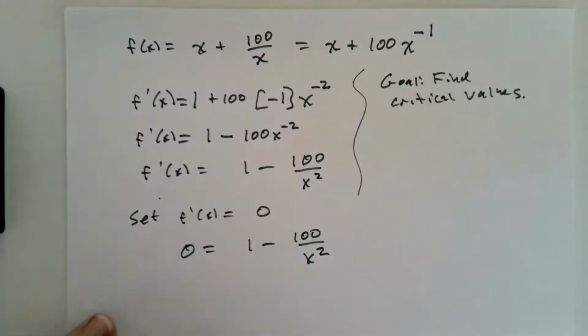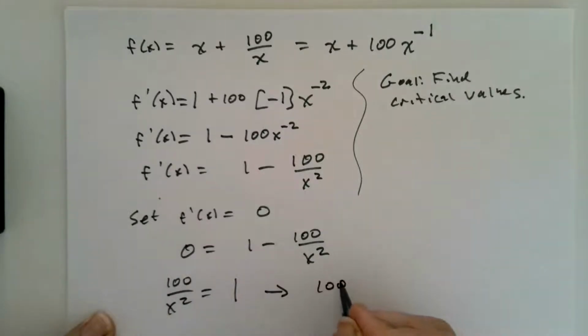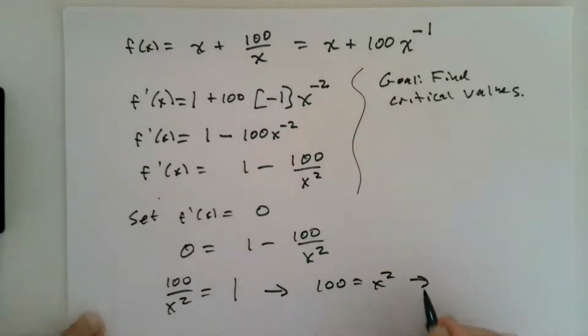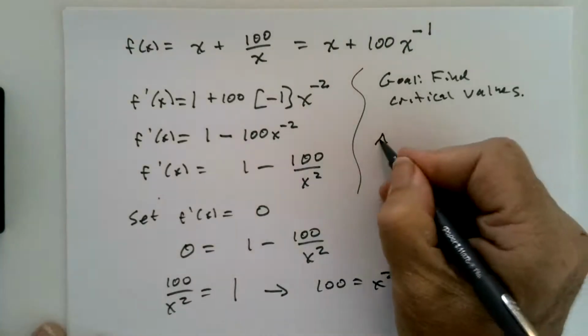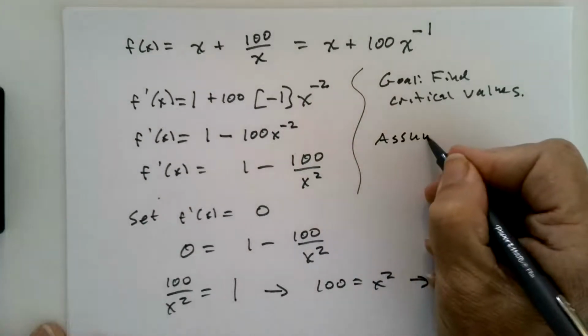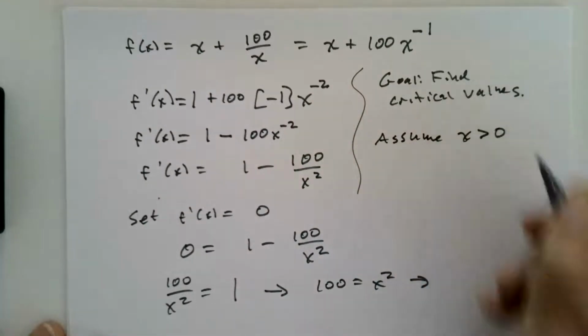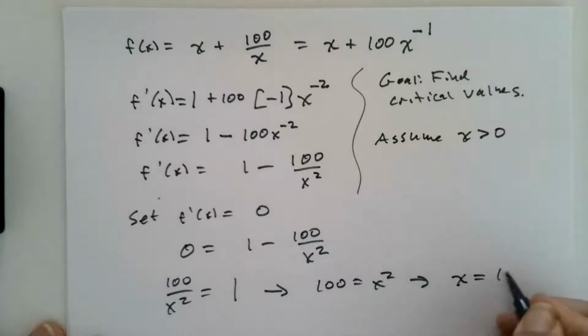Solving for that, I get 100 over x squared is 1, which tells me 100 equals x squared, which tells me x is plus or minus 10. I will assume in this situation that x is positive. So if that's the case, x is 10.